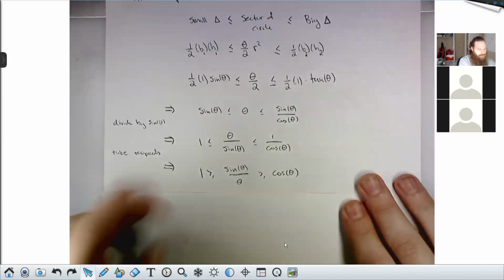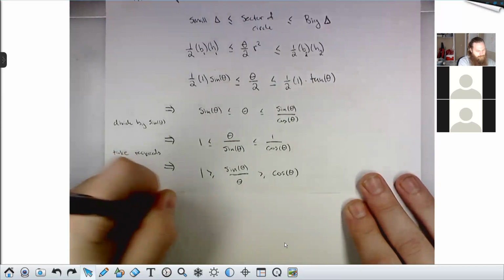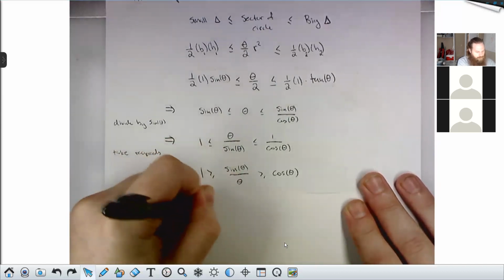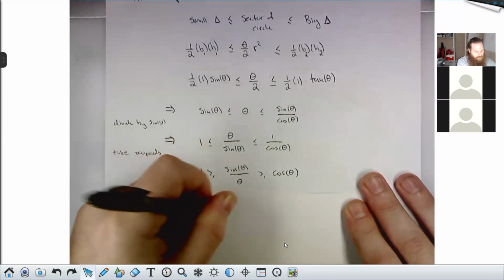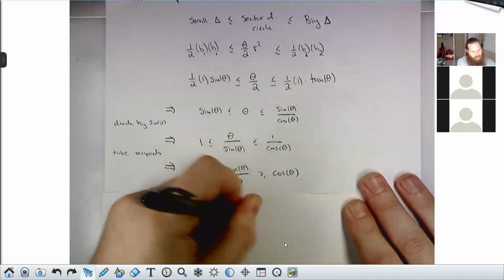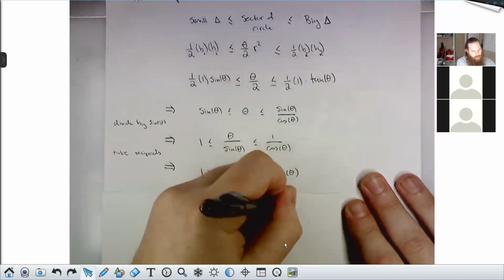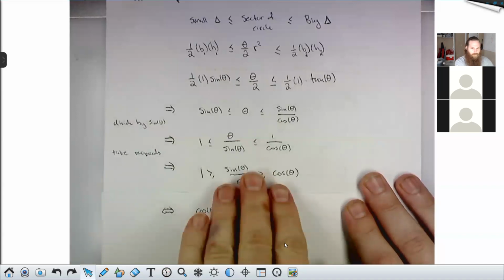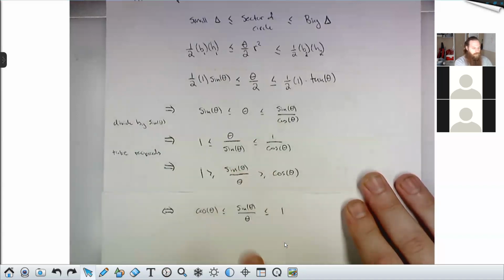You can rewrite this if you want in the direction you're used to seeing, which is cos theta is less than or equal to sine theta over theta is less than or equal to 1. Just flipping this, take this whole inequality and flip it over like that, you get this. So Billy's taller than Joey is taller than Sally means Sally's shorter than Joey is shorter than Billy.